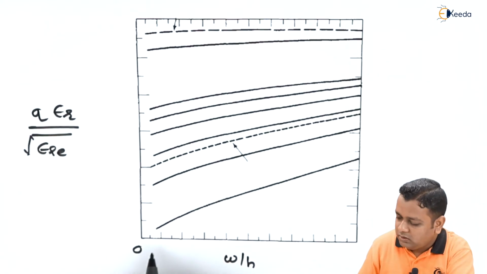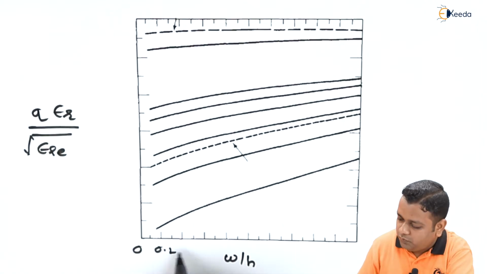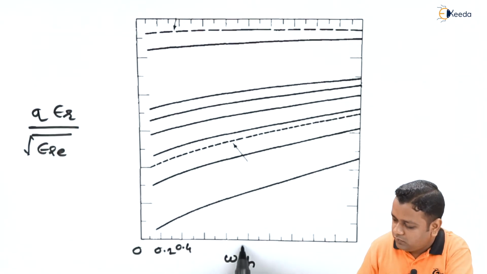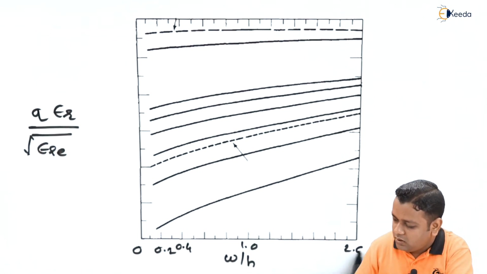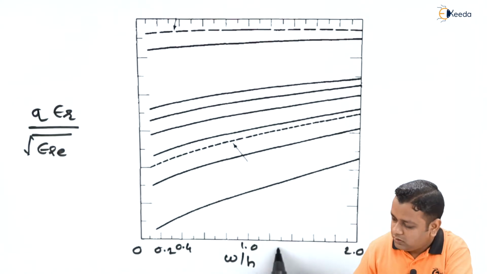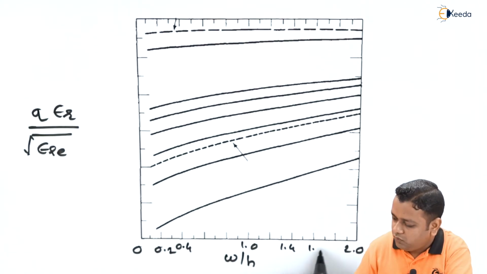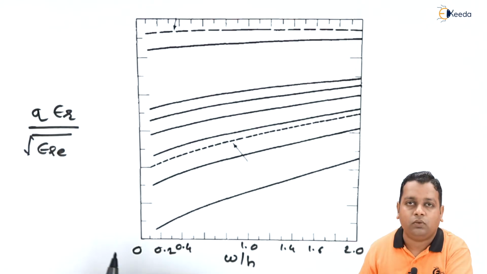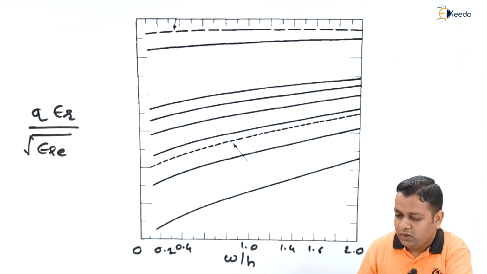So we start at 0, then 0.2, 0.4. So this way we have here at the middle position 1.0 and 2.0 at the end. So the corresponding 1.4, 1.6 can be there onto this complete range here.